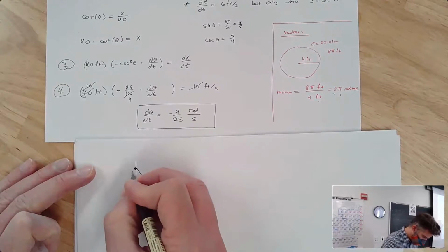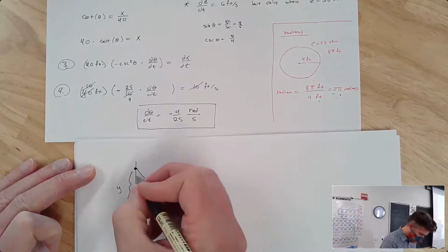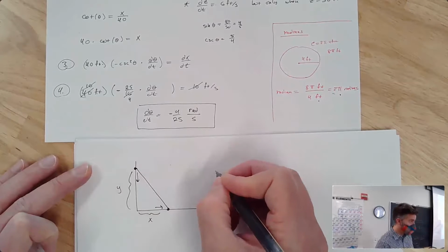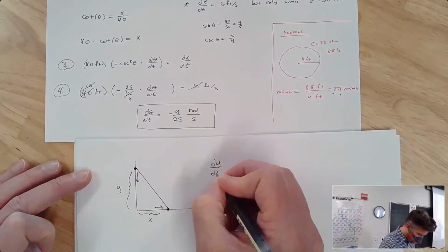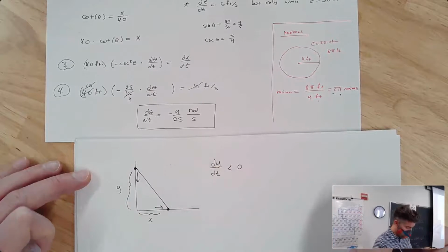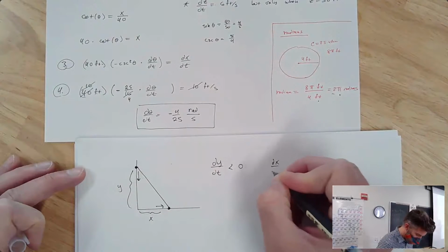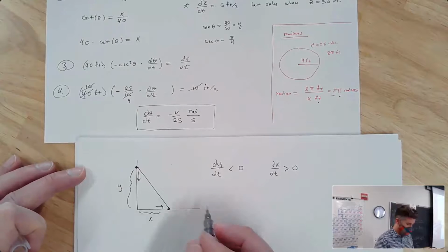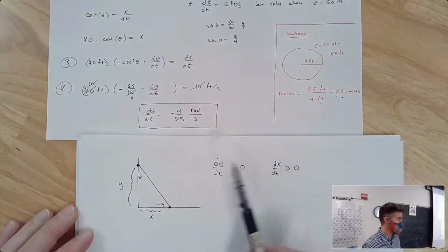And if you call this distance y and this distance x, and it's sliding down this way and out that way, you should definitely, in your setup, depending on which thing you're given, it should be true that dy dt is negative because the length of y is decreasing. And it should also be true that dx dt is positive because the length of x is increasing. It's just good to think about whether things are getting smaller or bigger when you're figuring out what the rates of change are going to be.